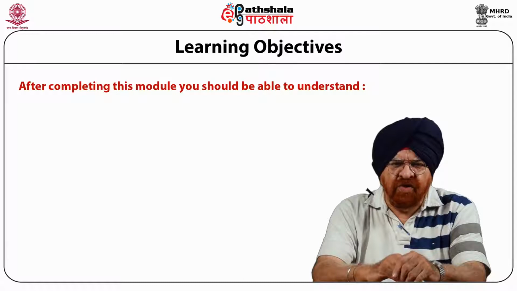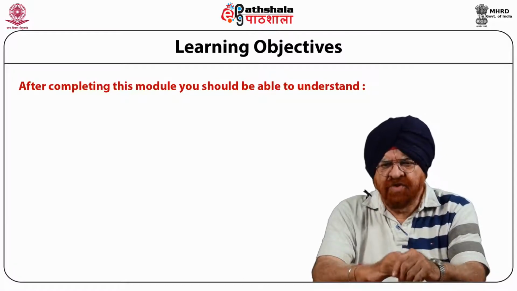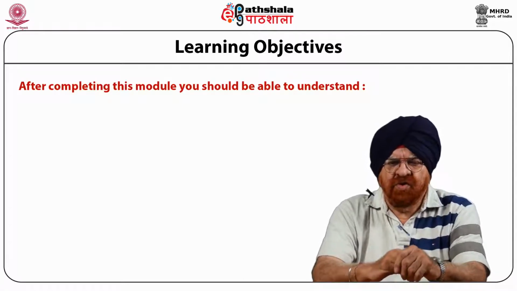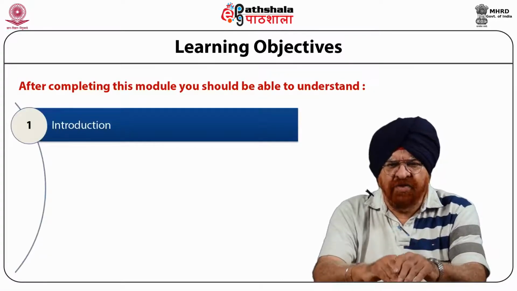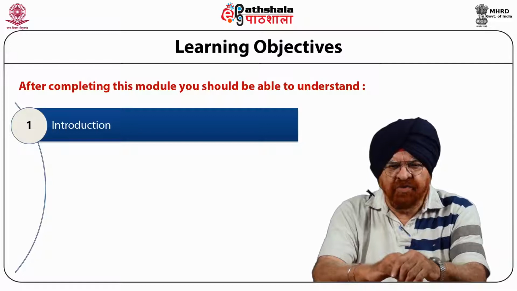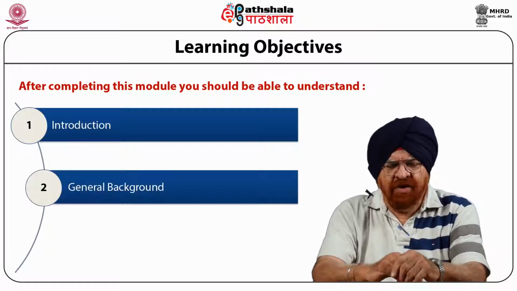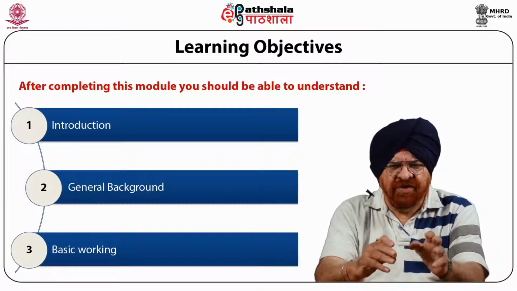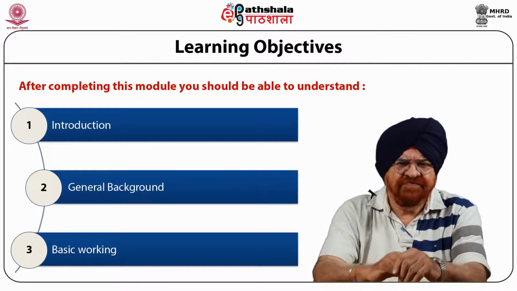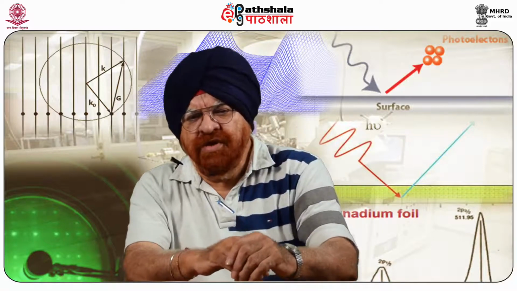After completing this module, you will be in a position to understand the introductory background of this spectroscopy, the general background, and the basic working conditions under which it operates.